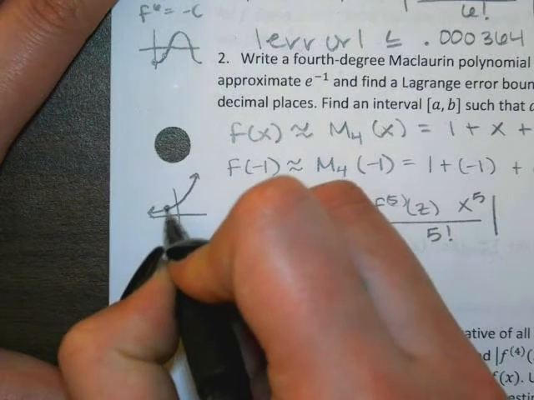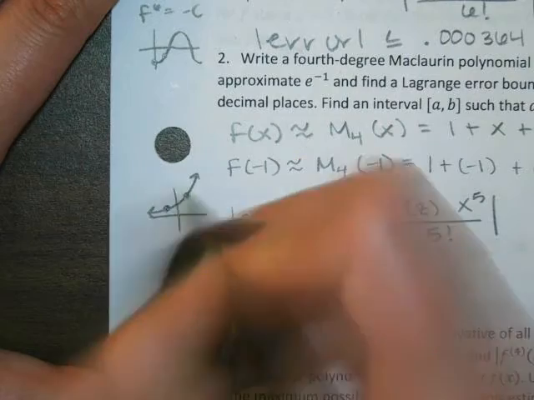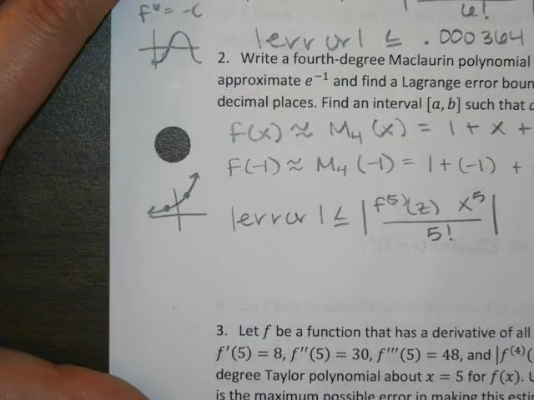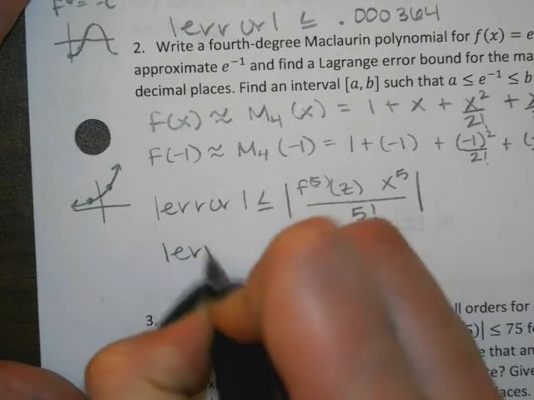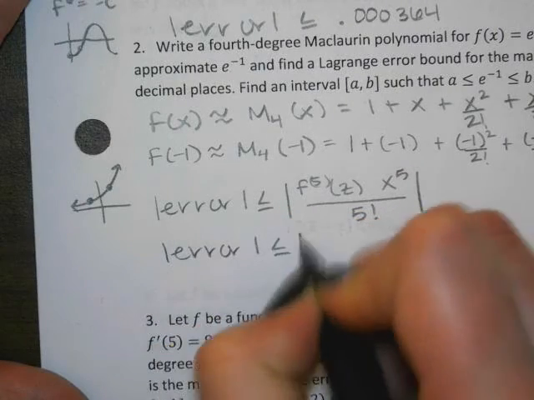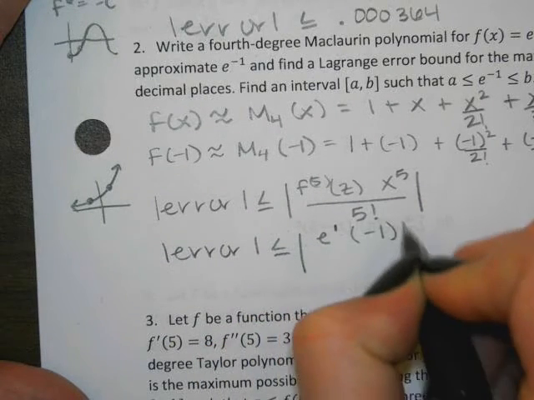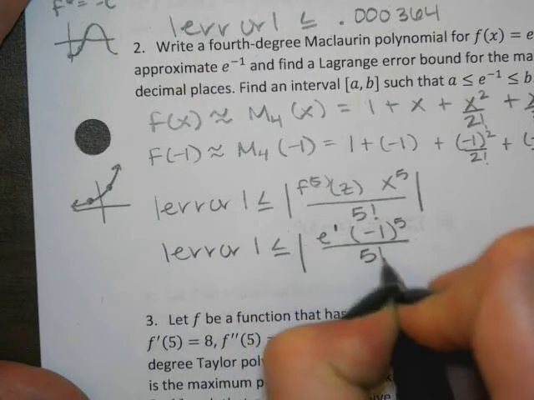So e to the -1 is down here, e to the +1 is up there. So which one has the greater value? E to the +1. So that's what we're going to use. Okay? So I'm going to say the error is less than or equal to e to the +1 times (-1) to the 5th over 5 factorial.